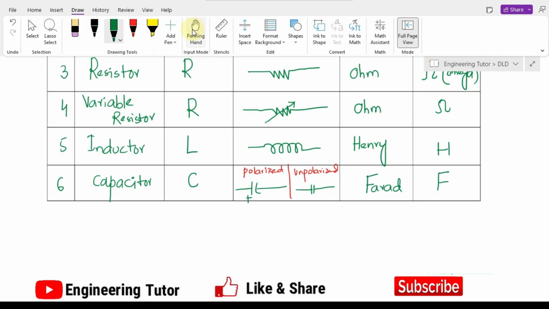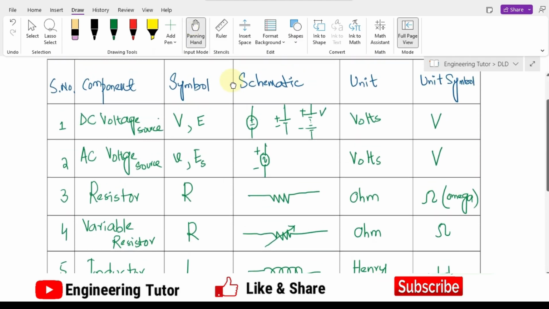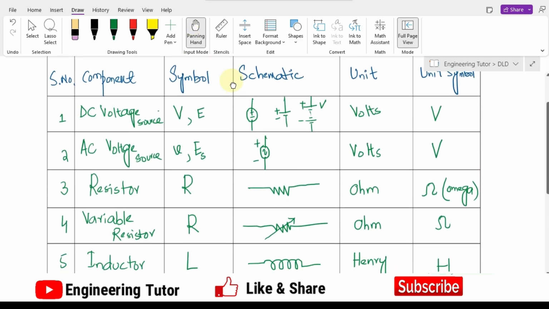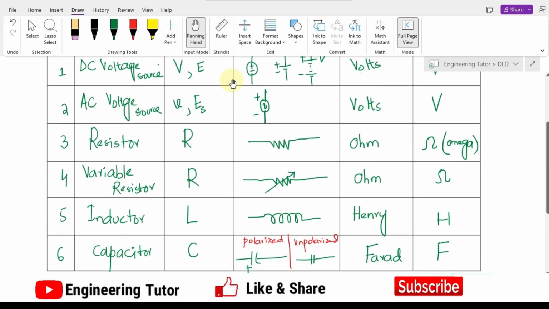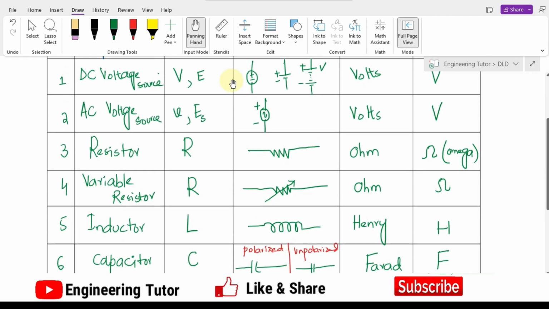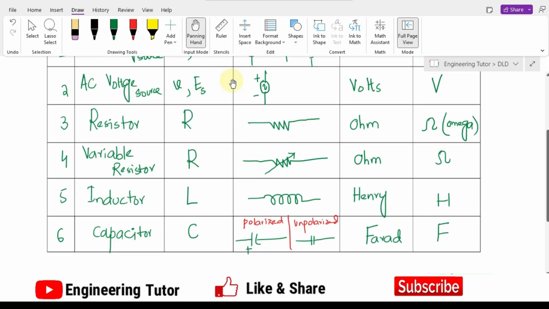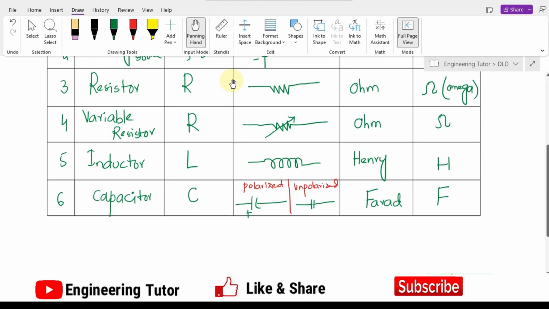So these are some components which we see in our circuits, and it is very important to take a look over all these components and where they are used. DC voltage source and AC voltage source are the two sources. Resistor is used to impede the flow of charges, therefore it is used to resist the flow of current.